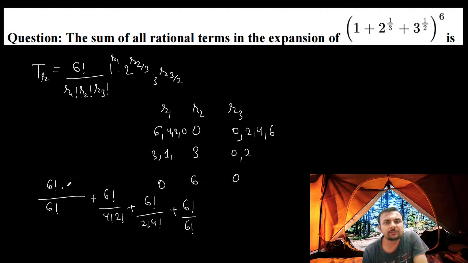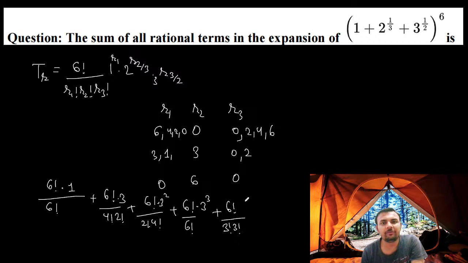Okay, 1. 6 factorial upon 4 factorial 2 factorial. That means it is 3, it is 3 square, it is 3 cube, plus 6 factorial upon 3 factorial 3 factorial.